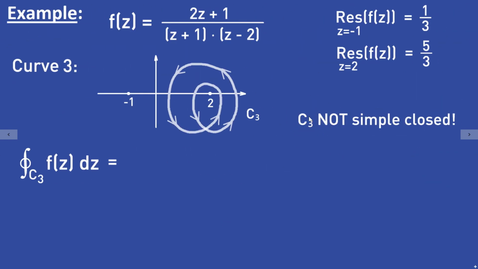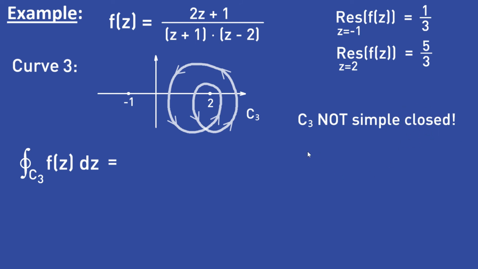So C3 is not simple closed, because, for example, the curve circles around the point 2 times. So we can't apply the residue theorem directly to C3, because it is not simple closed.